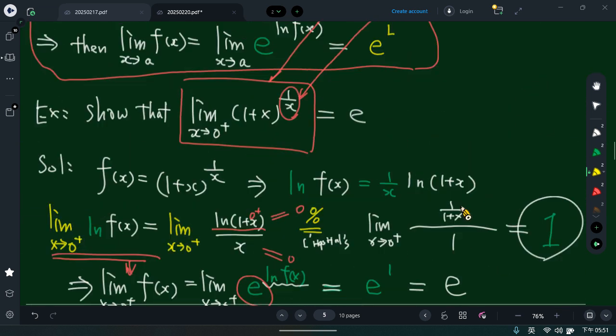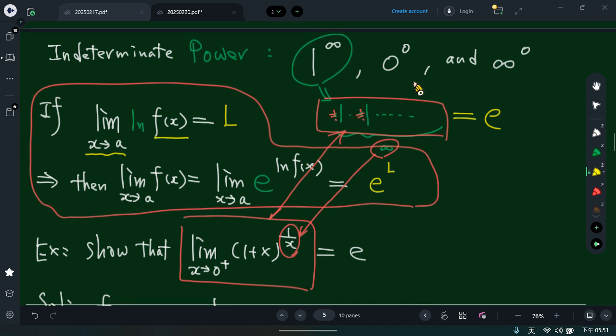So you can go back home to try to find 0 to the power of 0. You can just set a function. Right now I already proved this one, and also proved this one. How can you prove 0 to the power of 0?